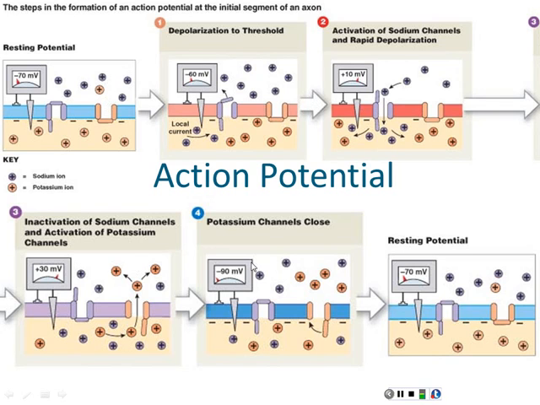At minus 90, that triggers the closure of the potassium gates. So the gate closes, and now nothing's moving, right? The sodium gate is closed, the potassium gate is closed, but how do we get back to minus 70? That would be the job of the sodium-potassium pump again, to put everything back the way it was so that an action potential could happen again.